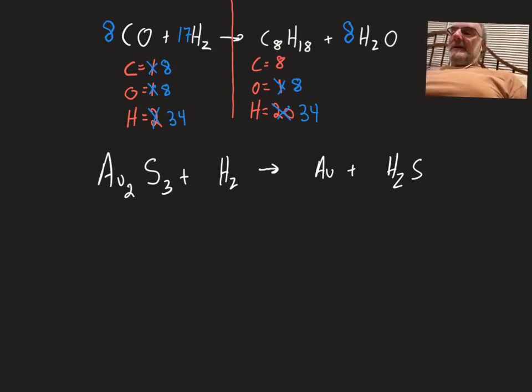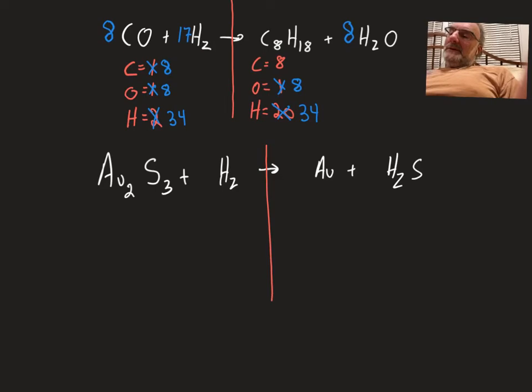This is an example that has metals in it. This is gold sulfide. Let's do the same exact process here, and we'll start out by listing the metals. Gold, sulfur, and hydrogen. There are 3 elements here.